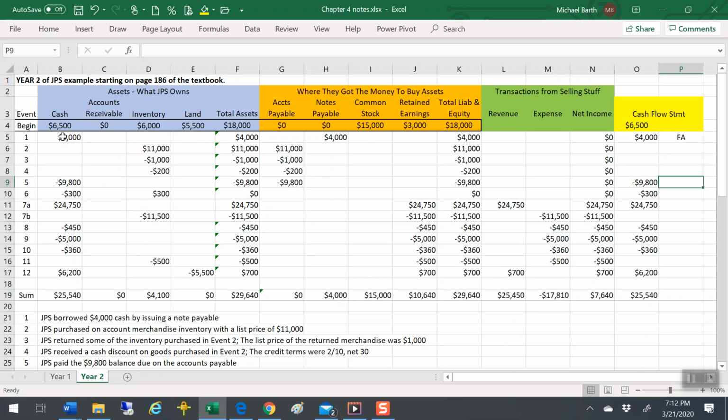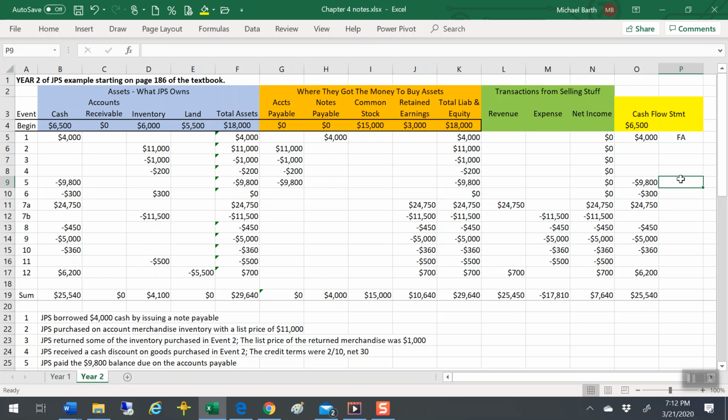Now remember, operating activities are anything that's going on here in accounts payable and anything going on in accounts receivable and inventory and anything going on in the income statement. All right, so interest-bearing debt is a financing activity.